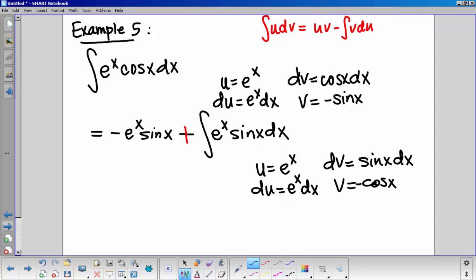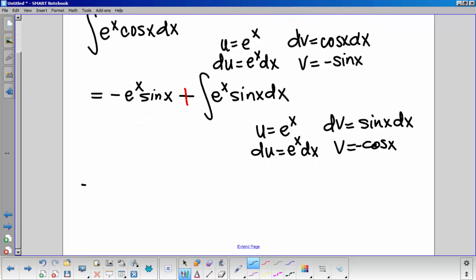All right. So what do we have so far? We have negative e to the x sine x, well, it's really minus, right? Minus e to the x cosine x minus, which becomes a, no, it doesn't keep going.